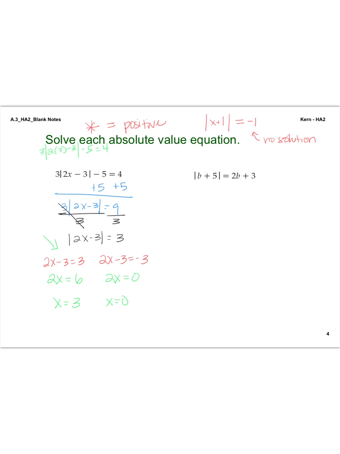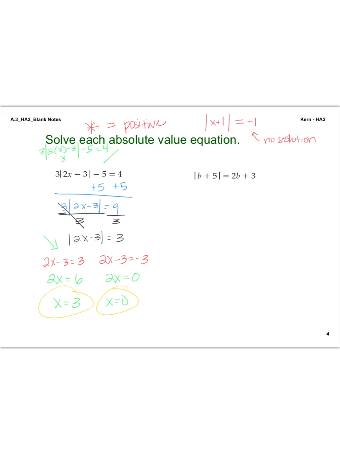That whole thing needs to equal 4. So in the absolute value, 6 minus 3 is 3. 3 times the absolute value of 3 is 9. 9 minus 5 is 4. Then go ahead and check for 0. It works. So both of these are solutions.